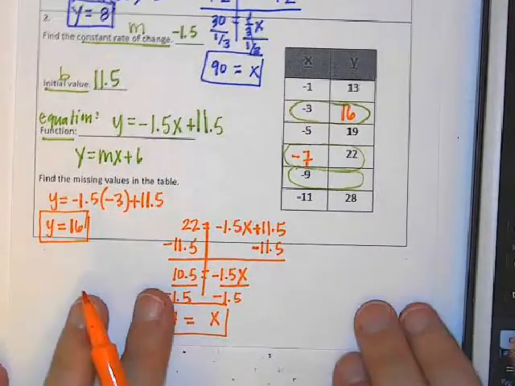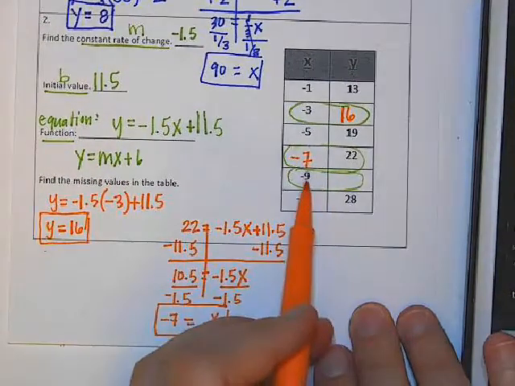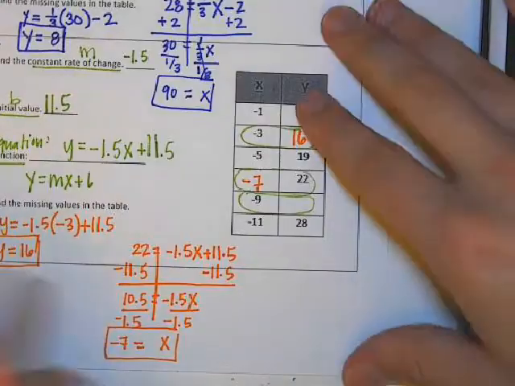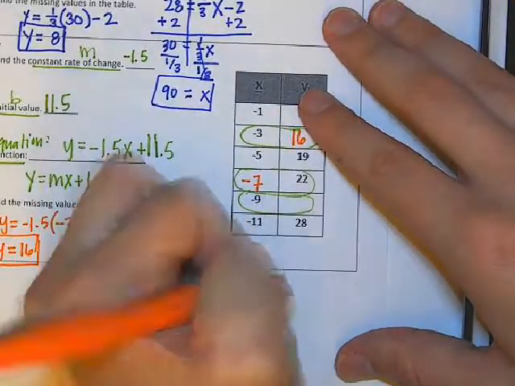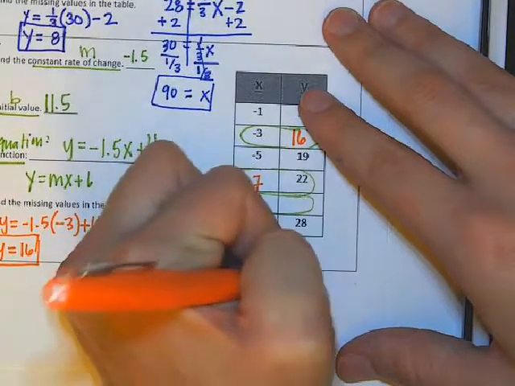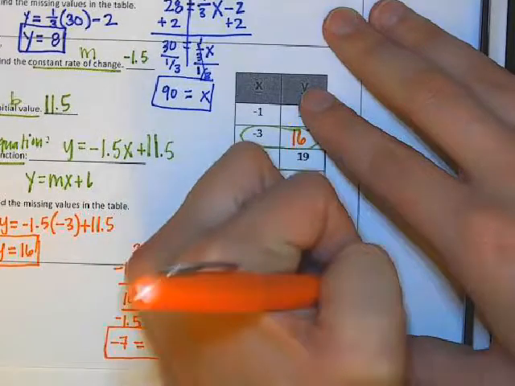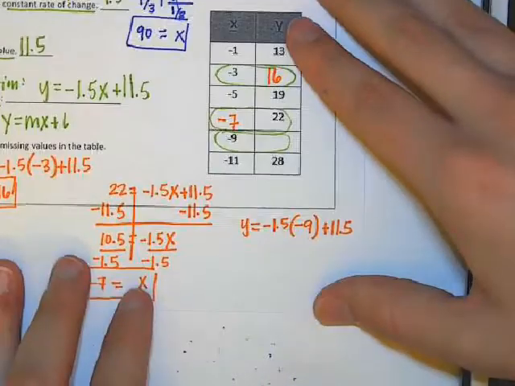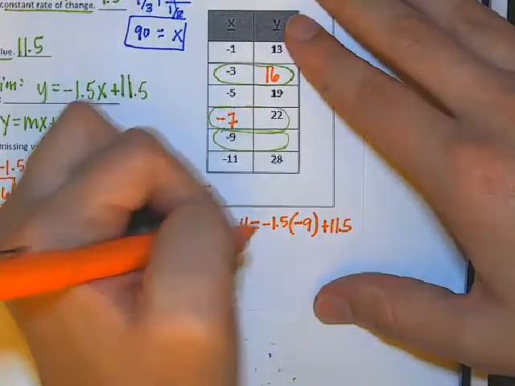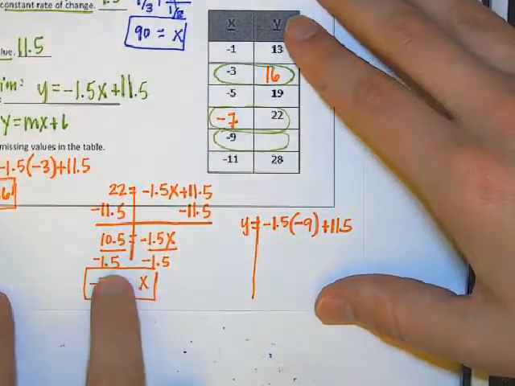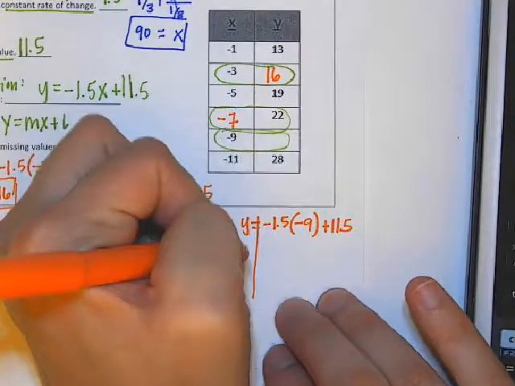Okay, last one. It gives me negative 9, which represents what? The x. So when I plug in negative 9, it's going to go where the x is. Y equals negative 1.5 times negative 9 plus 11.5. Y is already by itself, so I don't need to solve it.